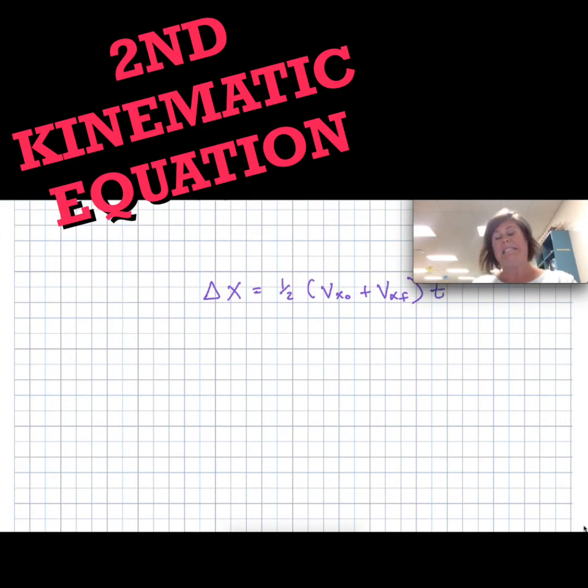Okay, so that's the second kinematic equation that we can use when the object is accelerating at a uniform rate. Okay, notice here that we're solving for delta x.